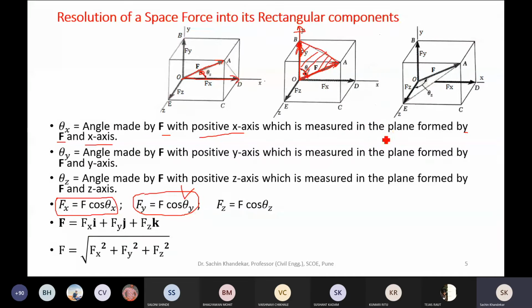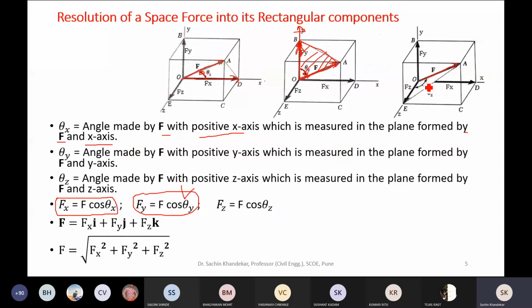Similarly, now I want to know the z component. The same force F. After knowing this force F, I have constructed this cube, considering that force F as the diagonal. Now here I am defining theta z.